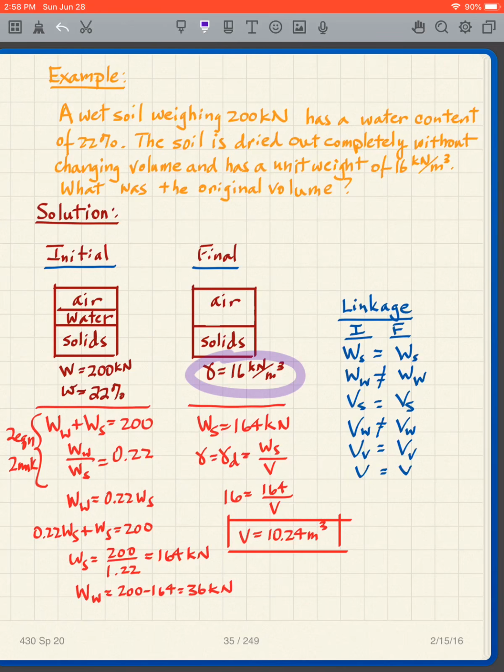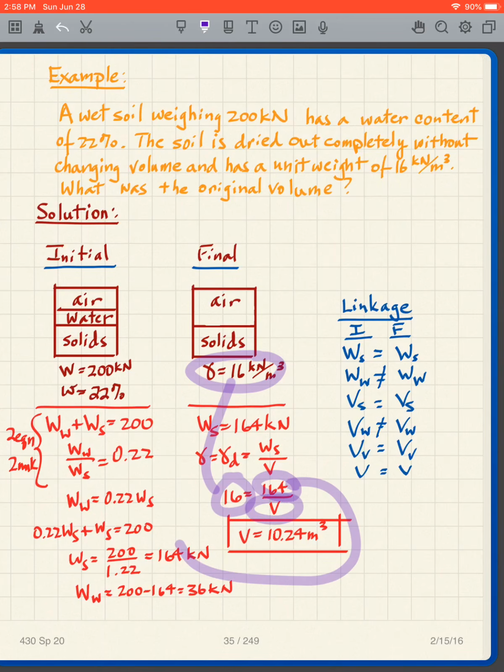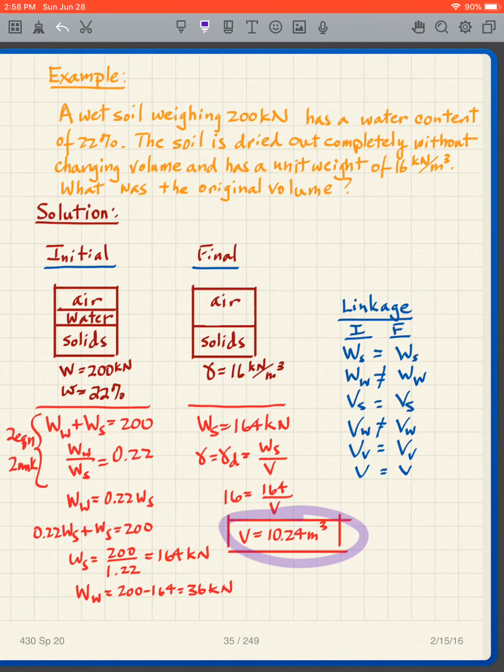And so it becomes a simple problem. I simply plug in, I've got 16 for my gamma, I've got 164 for my WS. I simply solve for the volume, and I get 10.24 cubic meters.